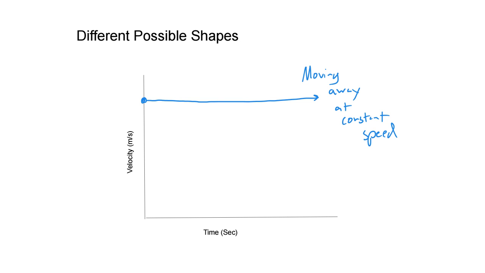If we've got a flat line below the x-axis, so imagine that that's flat, this is moving towards at constant speed.